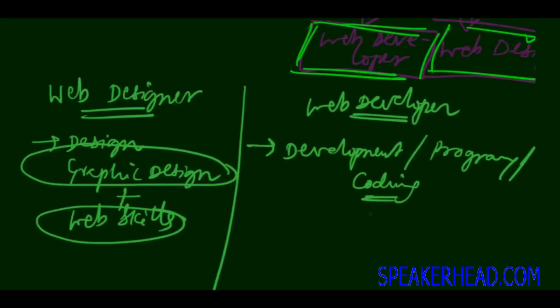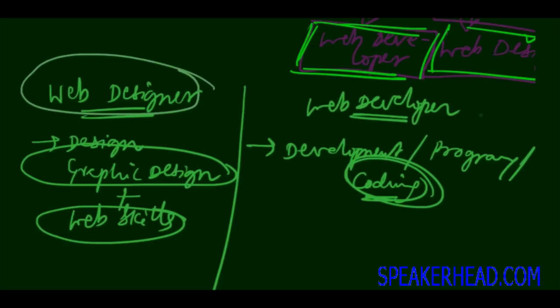A web developer does mostly the coding part, and he is from a different area. These two people, the web designer and the web developer, combined create great websites, dynamic websites, or good websites.